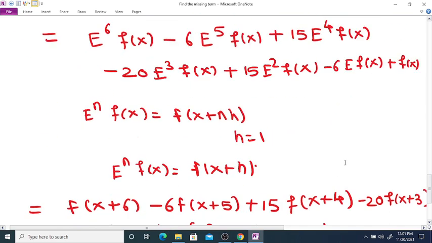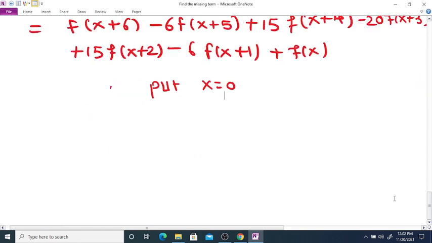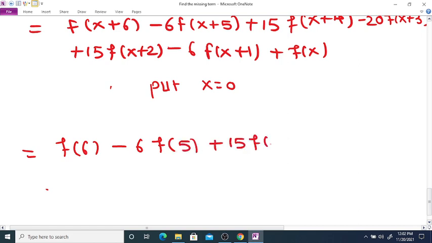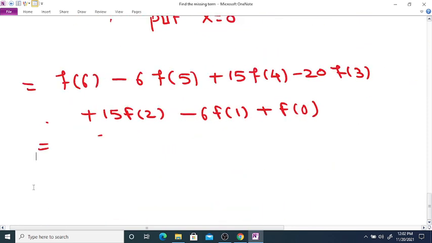If we put x equal to 0, then we get f of 6 minus 6 f of 5 plus 15 f of 4 minus 20 f of 3 plus 15 f of 2 minus 6 f of 1 plus f of 0. So that is f of 0.